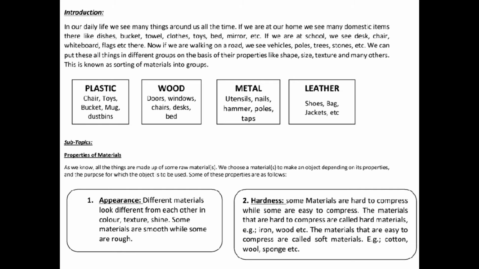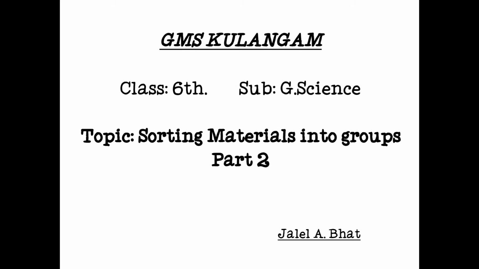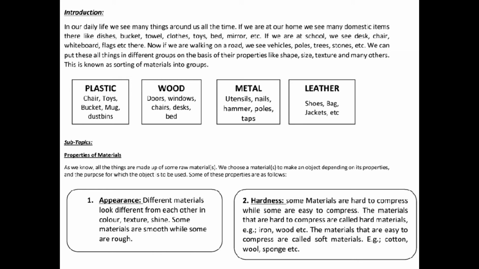Yesterday we talked about there are various types of materials: plastic, wood, metal, and leather. So plastic is a material, because we use various things made of plastic. Similarly, wood is a material, metal is a material, leather is a material.